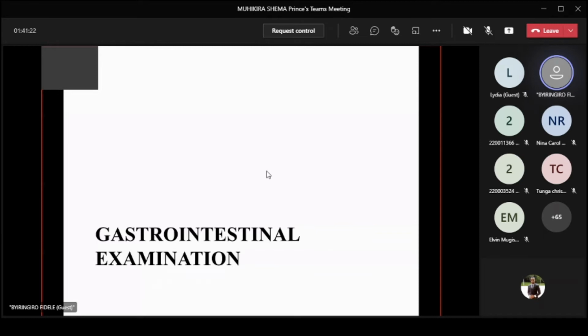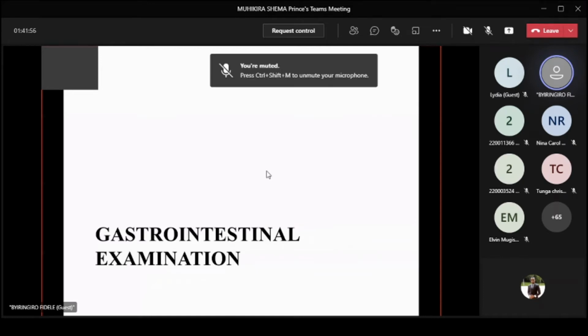Give me an example of a problem of the buttock which can prevent the patient from sitting. Okay, can someone help her? A wound, or an abscess, or a hemorrhoid.